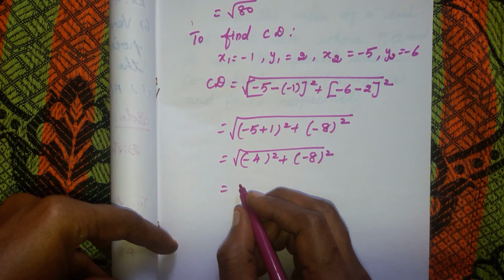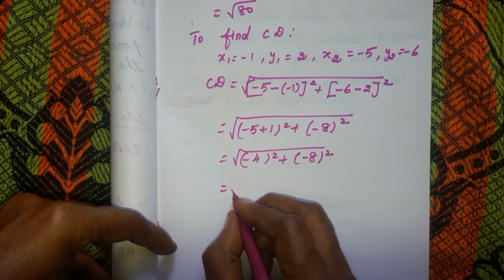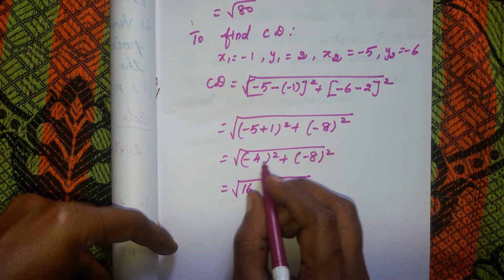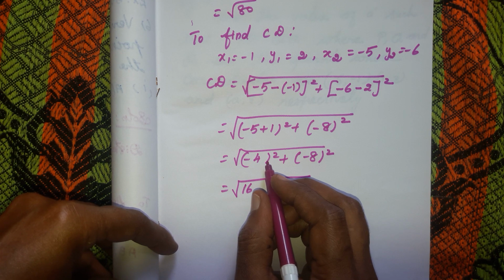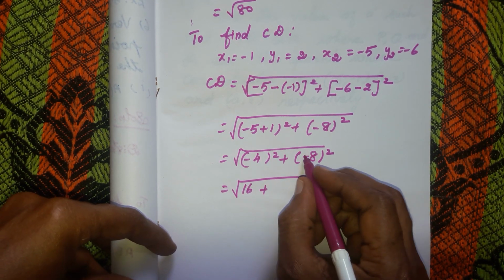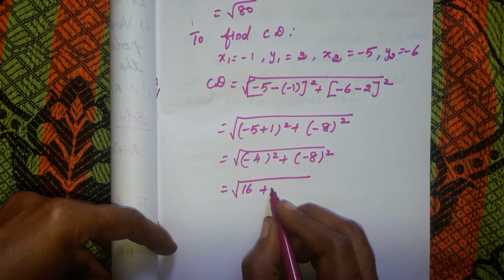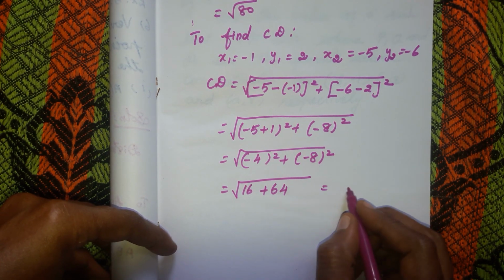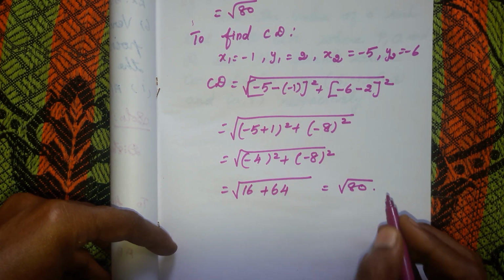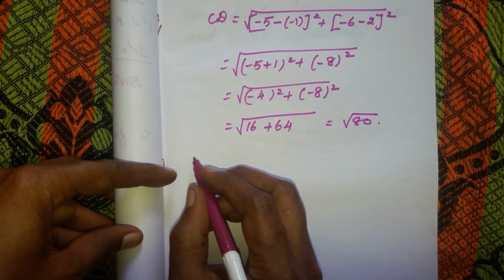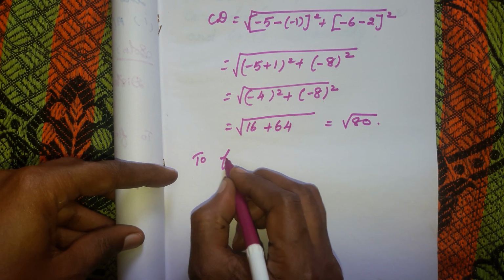Minus 4 the whole square is 16, plus minus 8 the whole square is 64. It is equal to root 80. CD is equal to root 80. Then to find AD.